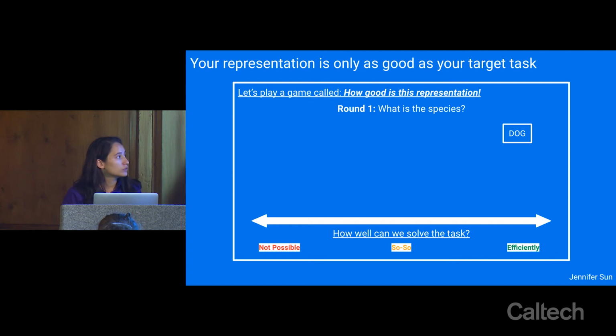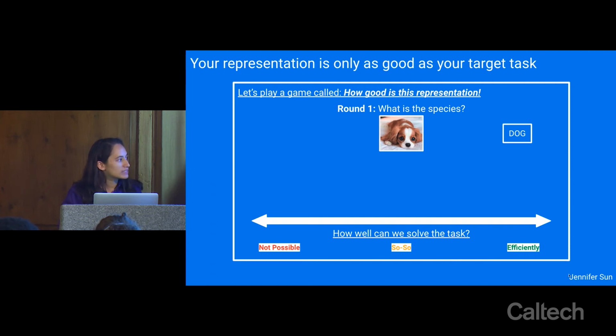And one of the other ones you suggested was effectively a picture of the animal. So we could have a picture of the animal. For this task specifically, it's got more information than we need. So it's not the most efficient, but we can definitely use this representation to solve the task that we have.